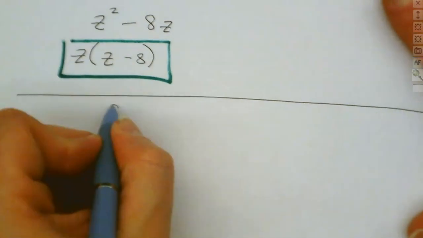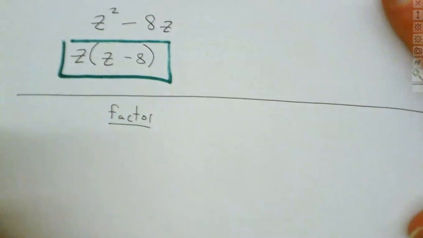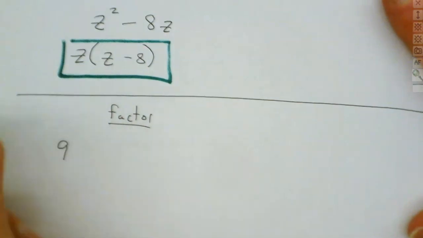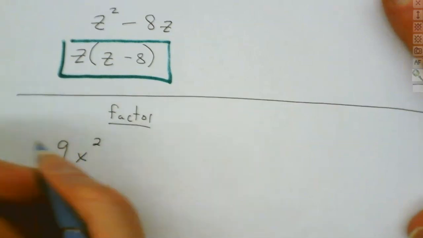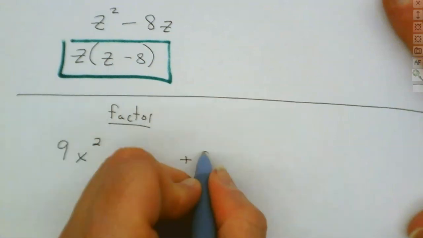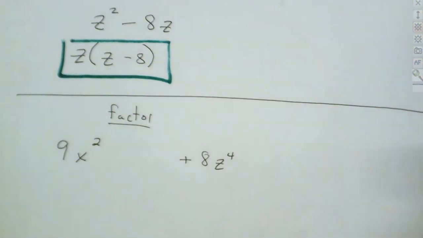Let's try another one, a different type to factor here. Let's see if we remember how to factor this one. Okay, let's come up with the middle.